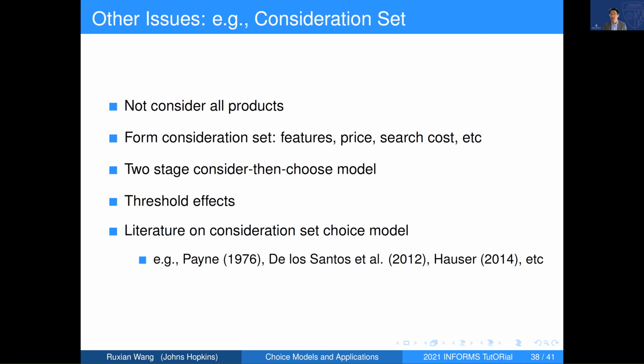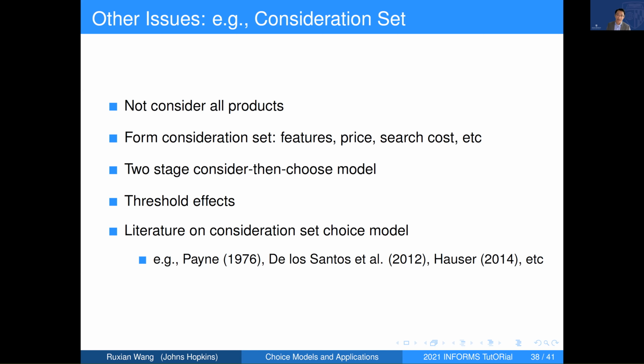Threshold can play an important role here. A consumer can use a threshold to form a consideration set. The threshold may be something about the nominal utility. The product cannot be too bad. Otherwise, I won't consider it, I won't buy it. Or some consumers may have a budget constraint.